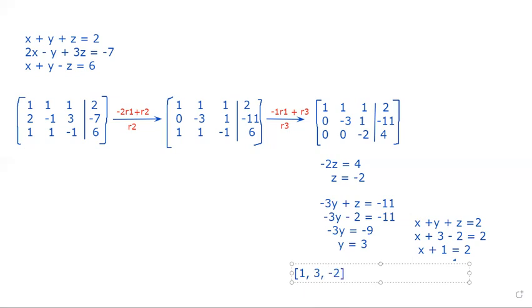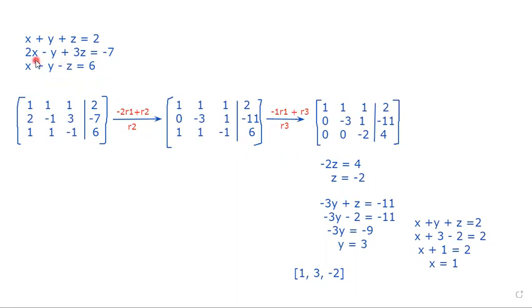Remember, we're not trying to just solve for one variable. I'm sorry, for one equation. We're trying to solve for the entire system. So we can look back and check this out. Let's look at it. 1 plus 3 is 4, and 4 minus a -2 is 6.